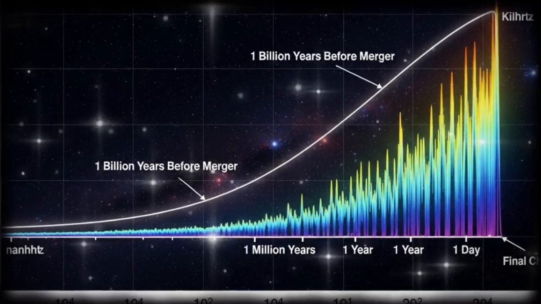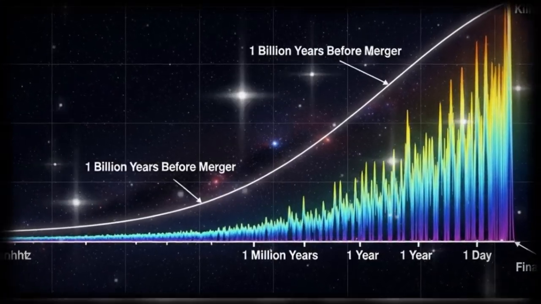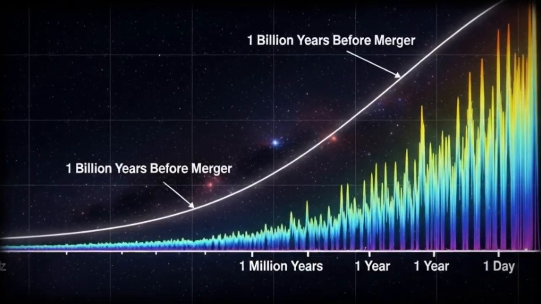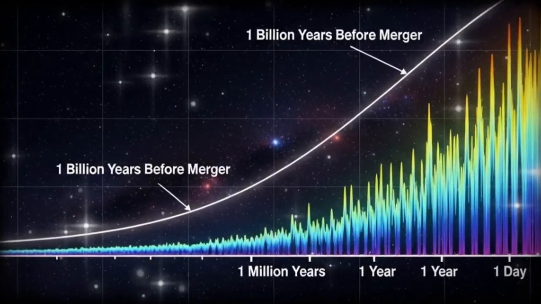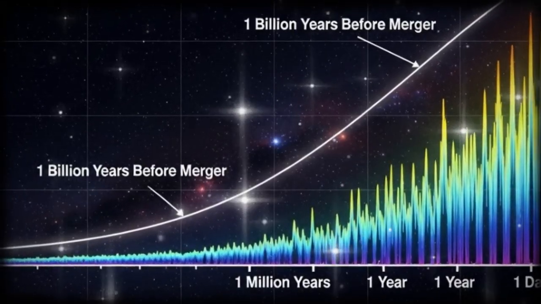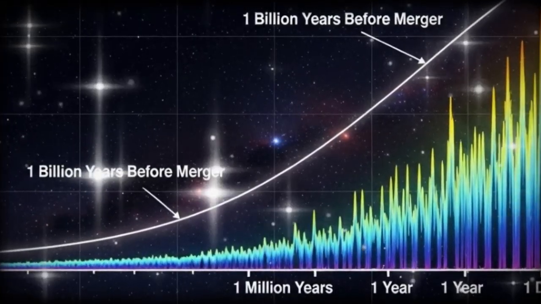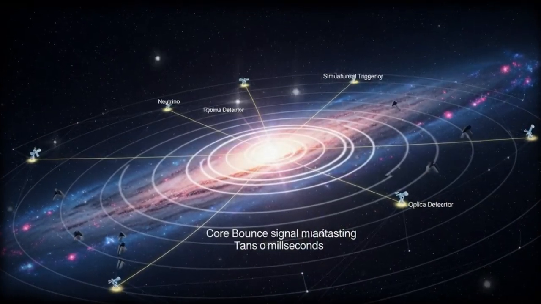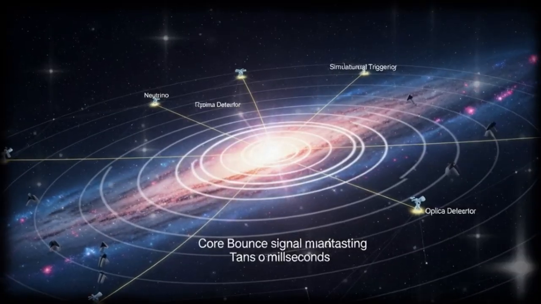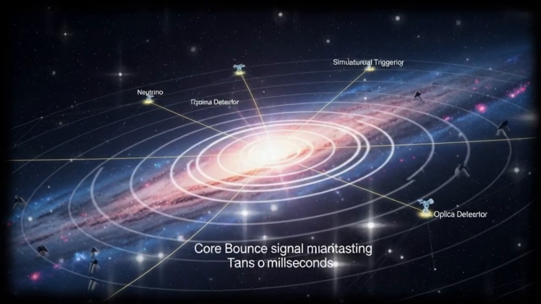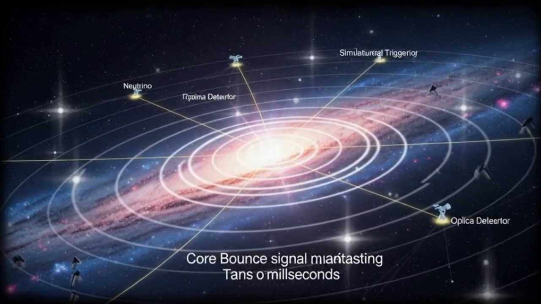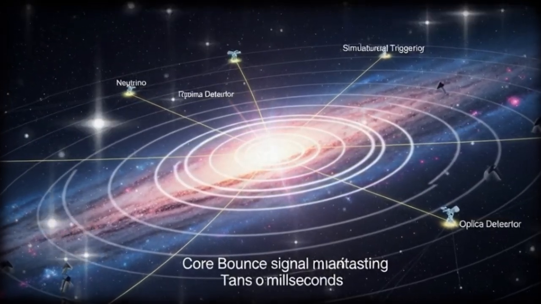This transparency is a direct consequence of the weakness of gravity as a force. Of the four fundamental forces, gravity is by far the weakest. The gravitational attraction between an electron and a proton is weaker than their electromagnetic attraction by a factor of about 10 to the power of 39. This extraordinary weakness means that a gravitational wave, which perturbs the gravitational field and therefore interacts with matter through gravity, interacts with any given piece of matter only extremely weakly.